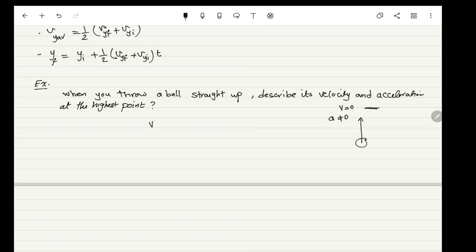So v at the maximum height equals 0, and a equals 9.8 meters per second squared in magnitude, or a actually equals minus 10 meters per second squared.